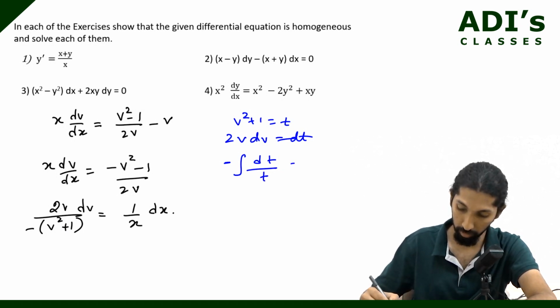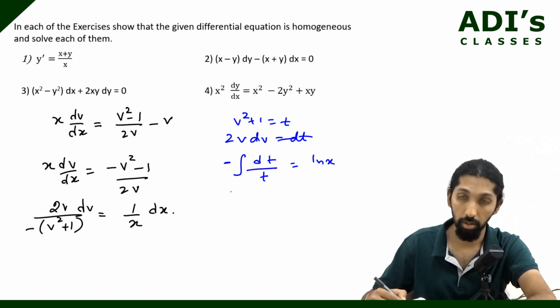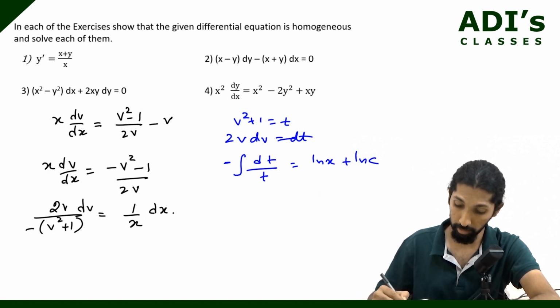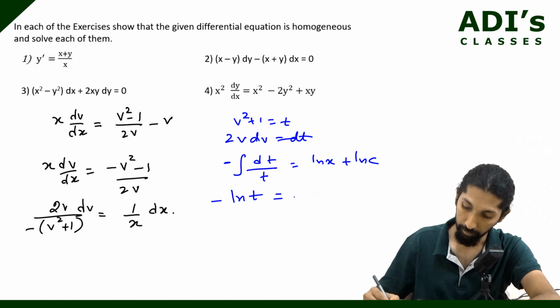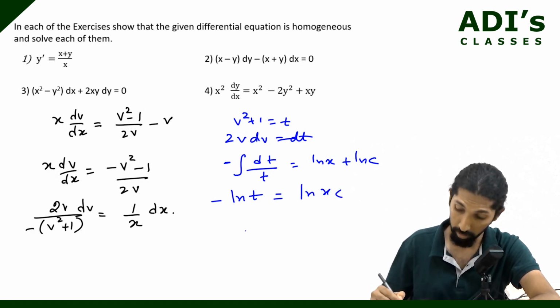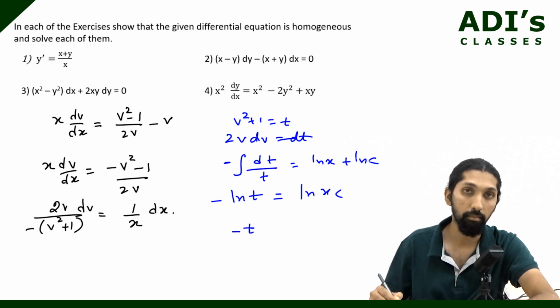This is equal to log of x, of course, plus log of c. Here we have minus log of t, log of x into c.